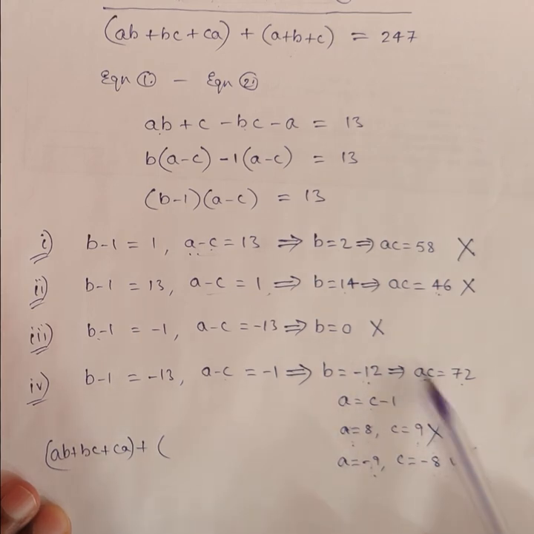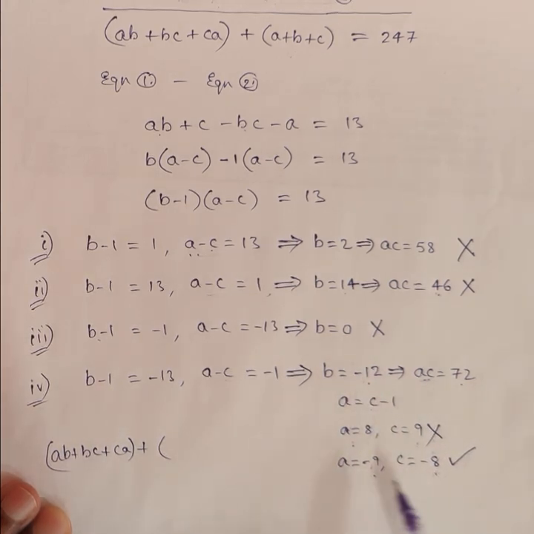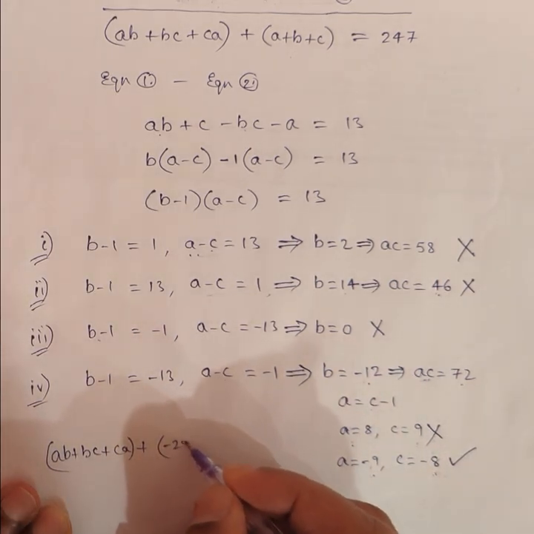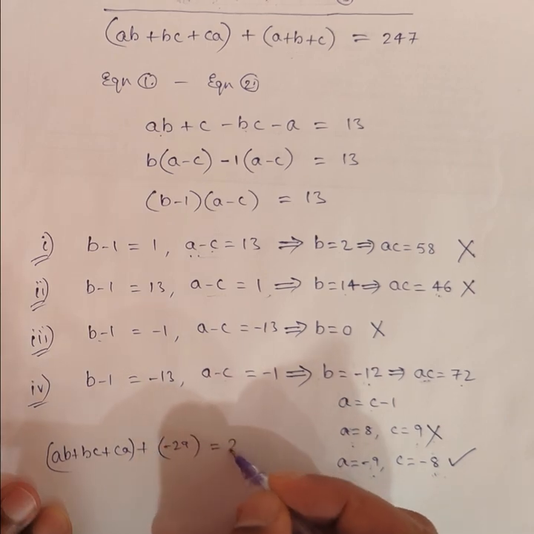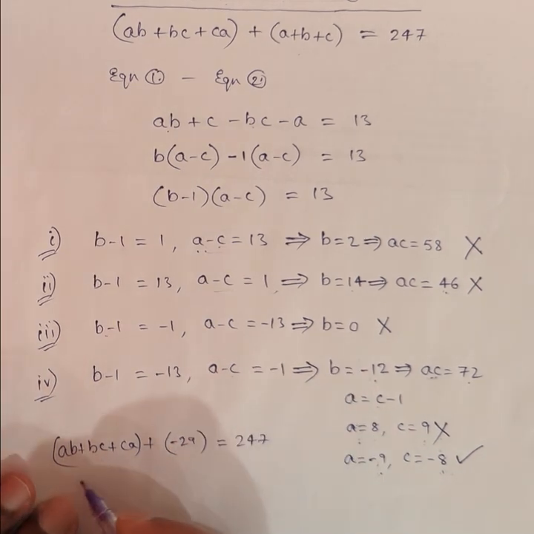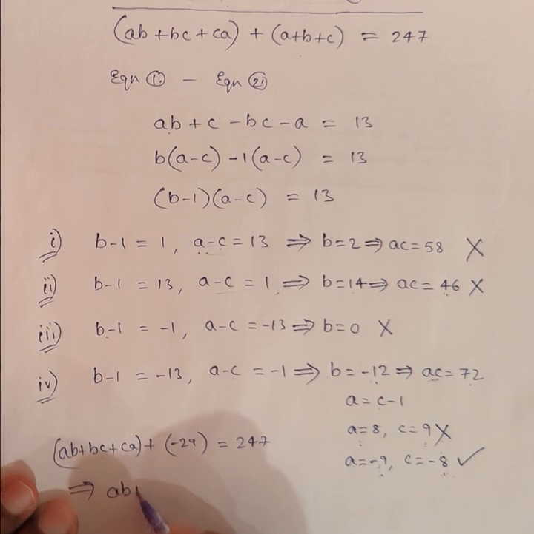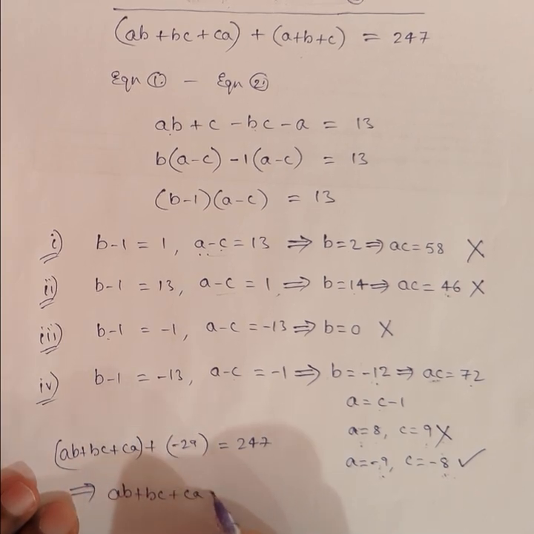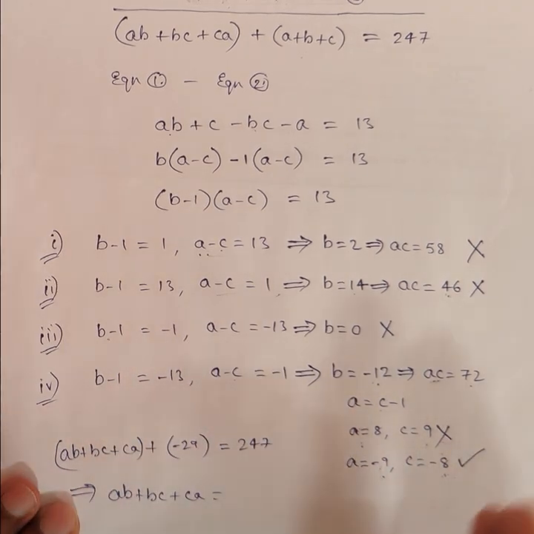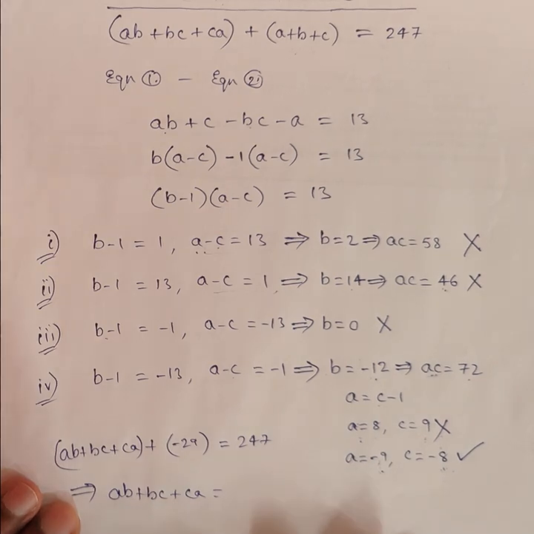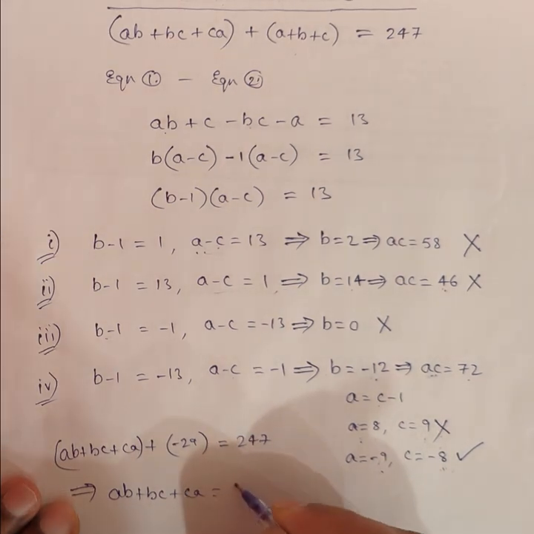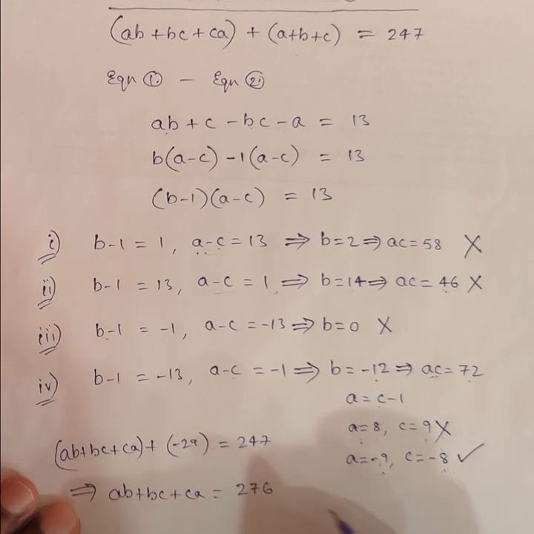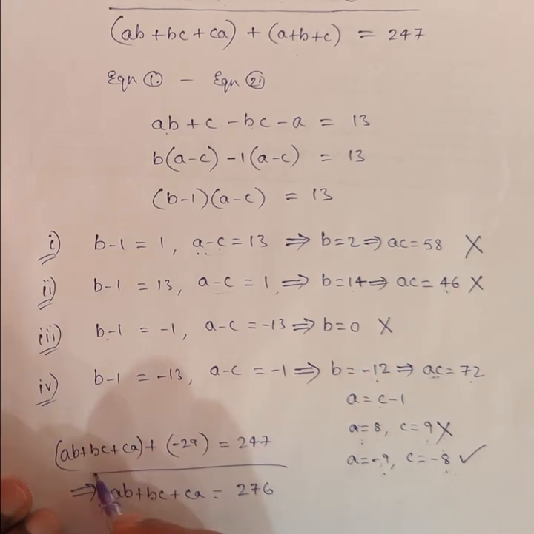When you add all these negative numbers, that's negative 20, negative 29. So ab plus bc plus ca is going to be 247 plus 29. Let's add 30 to 277, minus 1. So it would be 276.